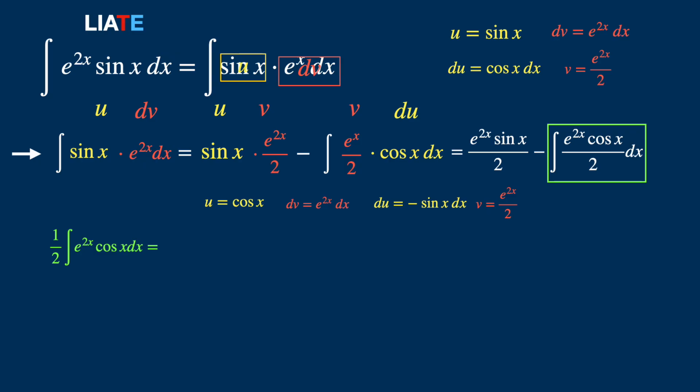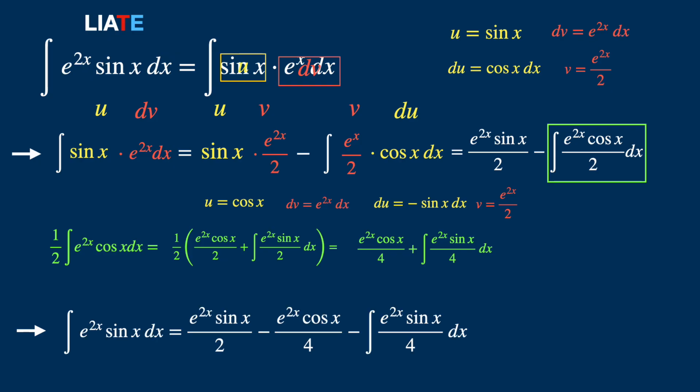So now we find this integration, 1.5 times uv equals cosine x times e to the 2x over 2, minus minus, plus, the integral of e to the 2x sine x over 2 dx. This leaves 1.5. You're going to plug this integration back into the original.